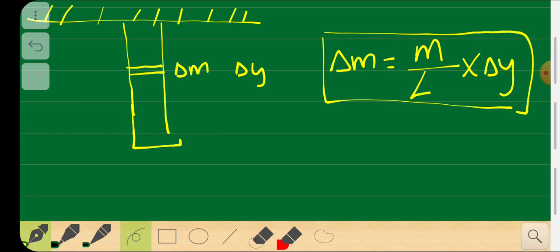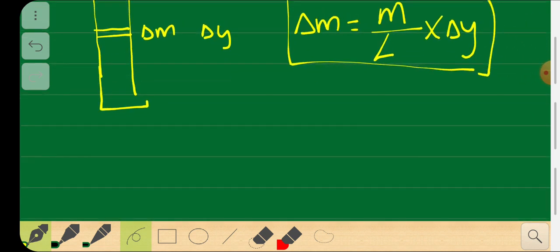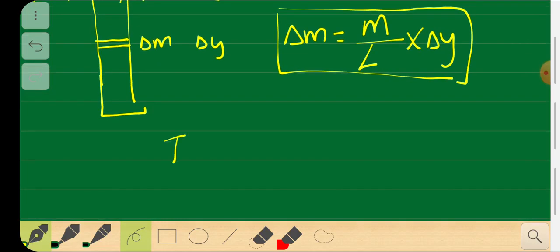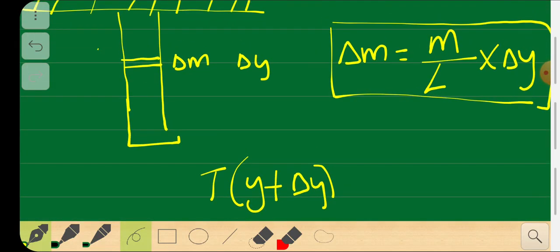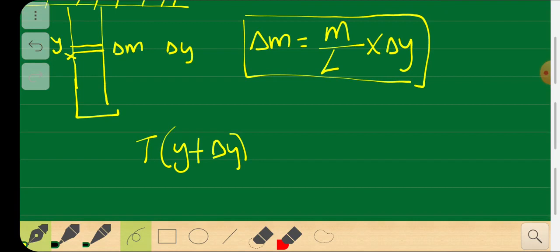Now the tension at y, so what will be the tension at some point y plus delta y? At some point which is slightly more than y, by delta y, the tension will be T at y plus the change in tension, so it will be added.